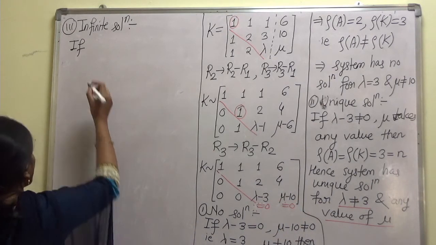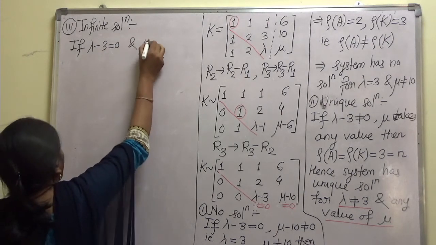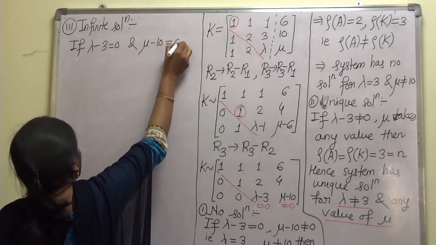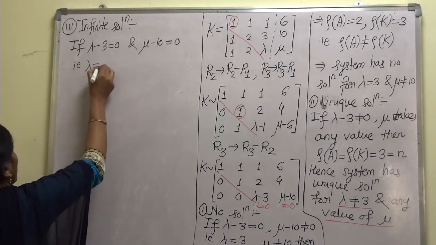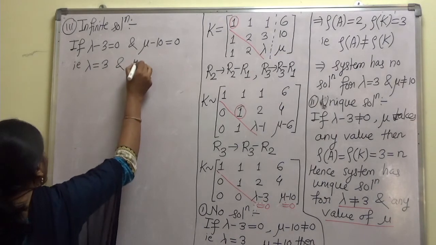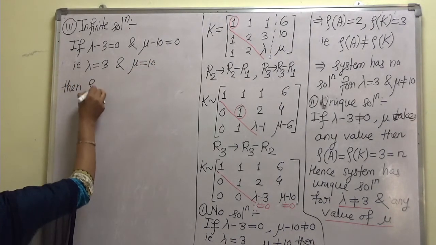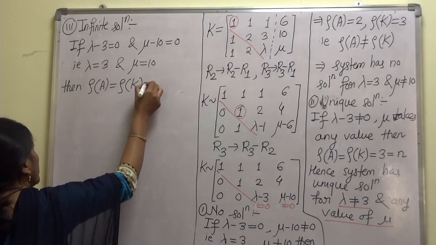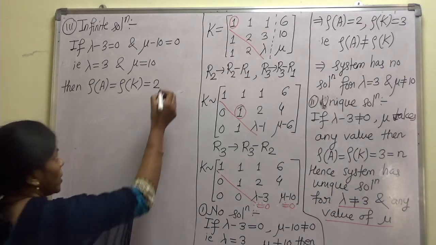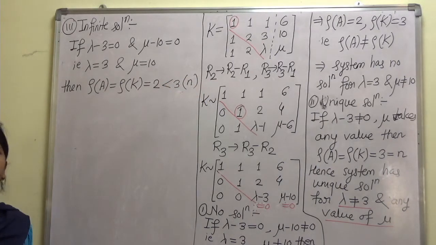So if lambda minus 3 is equal to 0 and mu minus 10 is equal to 0, that is lambda equal to 3 and mu equal to 10, then rank of A is equal to rank of K, which is equal to 2, less than 3, which is the value of n.